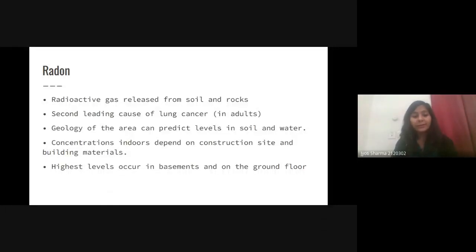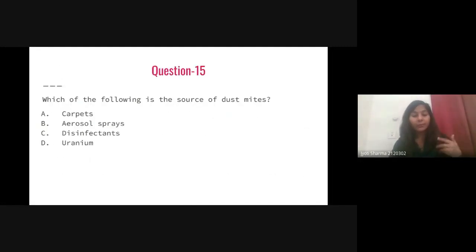The highest levels occur in the basement, because radon is very dense, so it is mostly found in the basement area and on the ground floor. So these are the different indoor air pollutants we may have in our home.